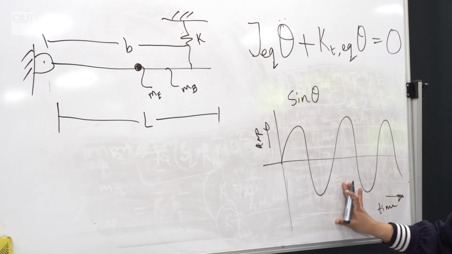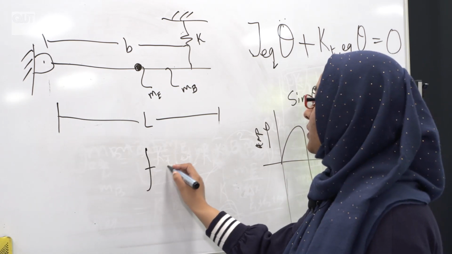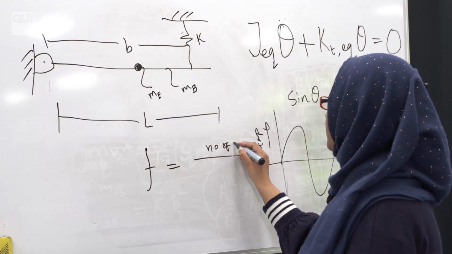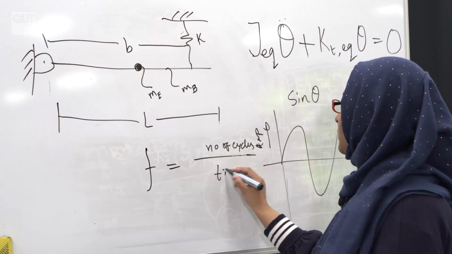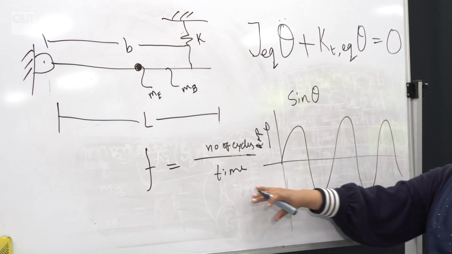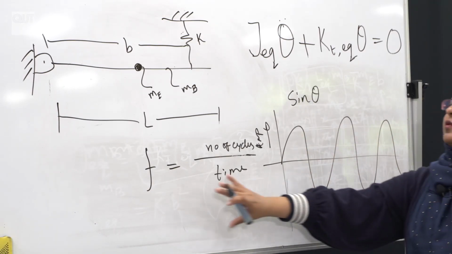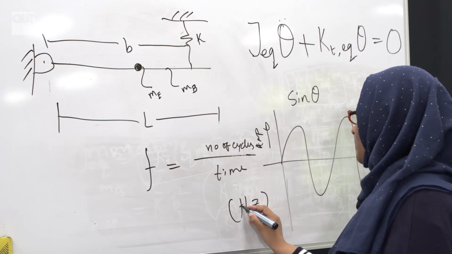the frequency of this curve by following this equation, which is frequency equal to number of cycles divided by time. So if we measure in 1 second, just counting the number of cycles, we get the frequency in hertz, which is the unit.